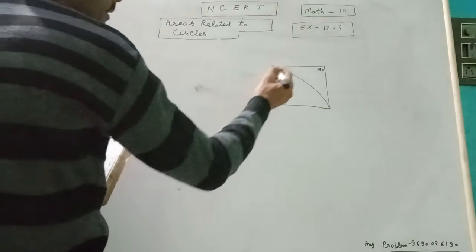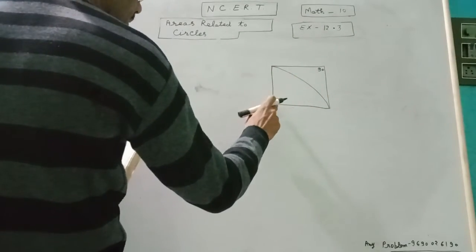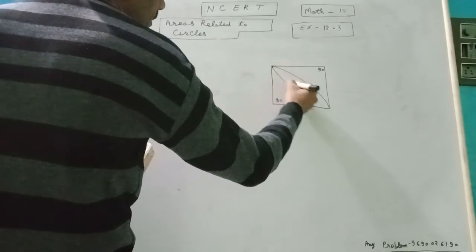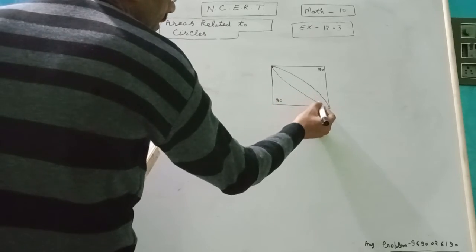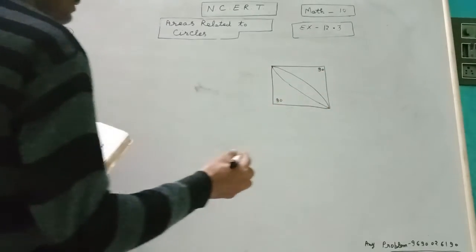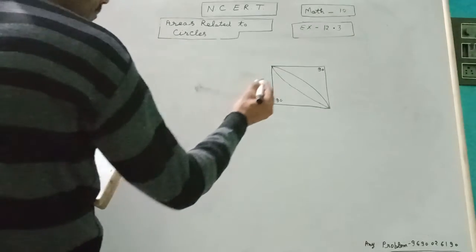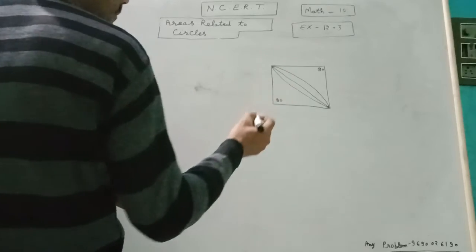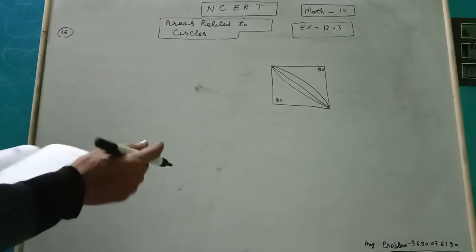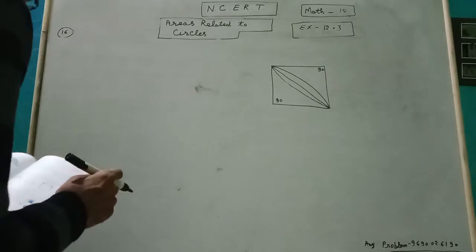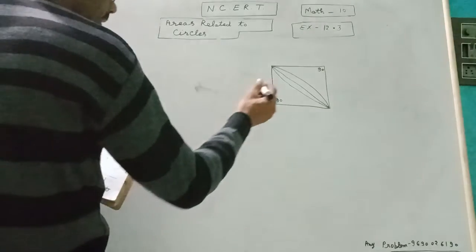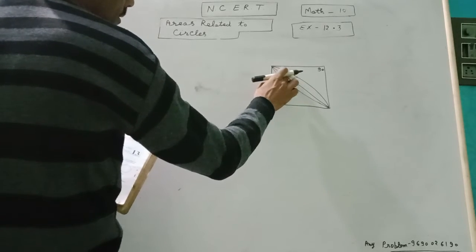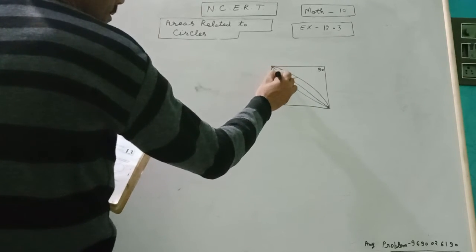One quadrant is on this side, and another quadrant is on the opposite side. We find the area of the design. The design will be this part.